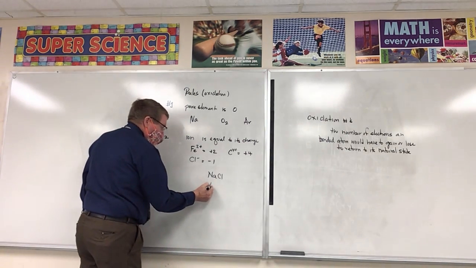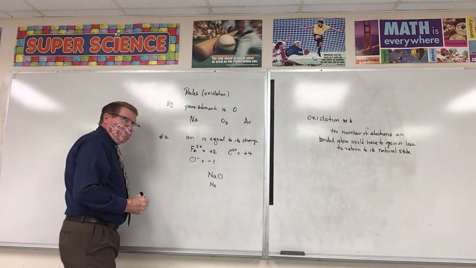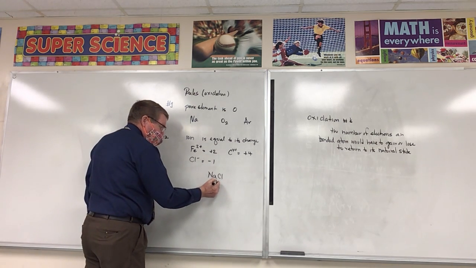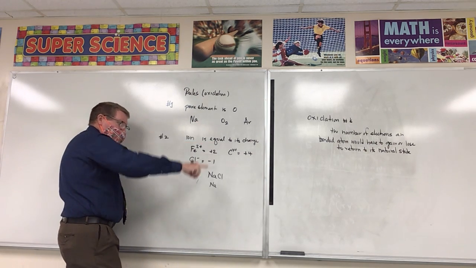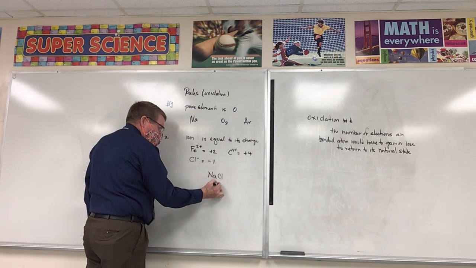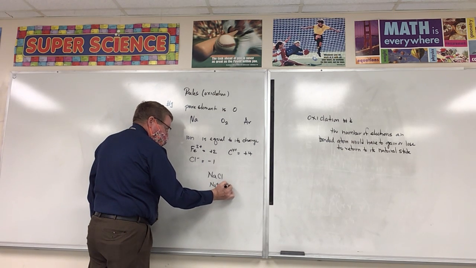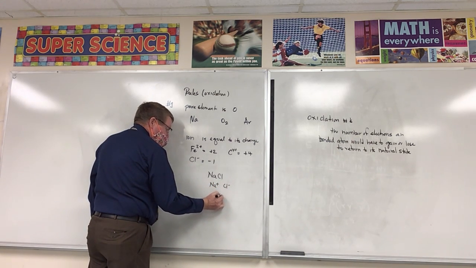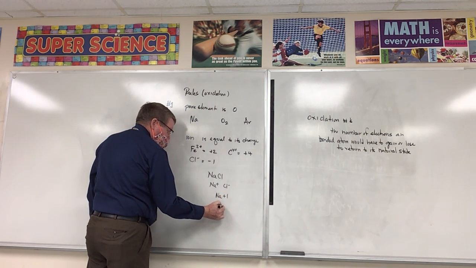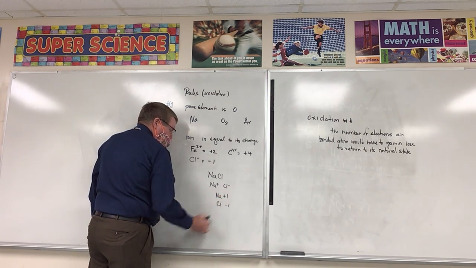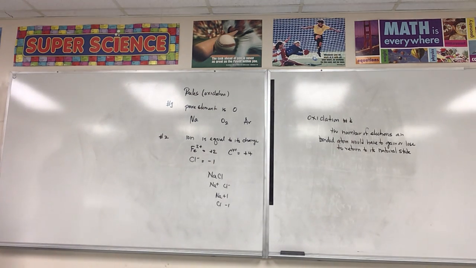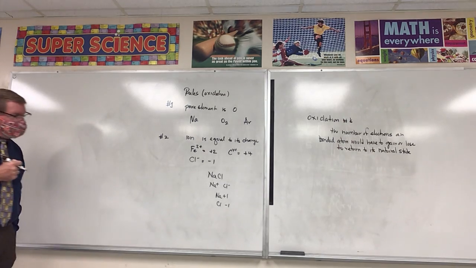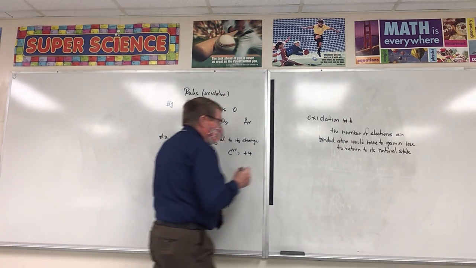The sodium ion would be Na. What happened to the electrons? Transferred over to the chlorine, so the Na is plus, and the Cl is negative. So Na has an oxidation number of +1, and Cl has an oxidation number of -1. Alright?